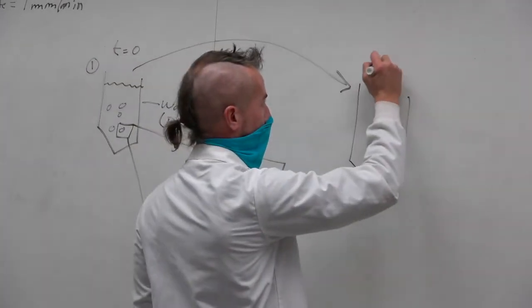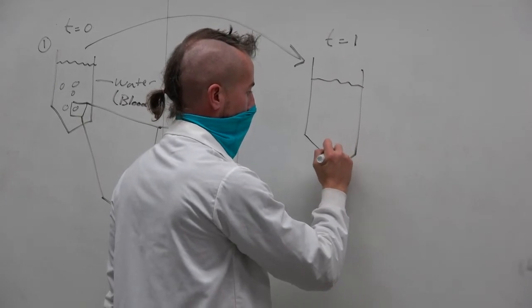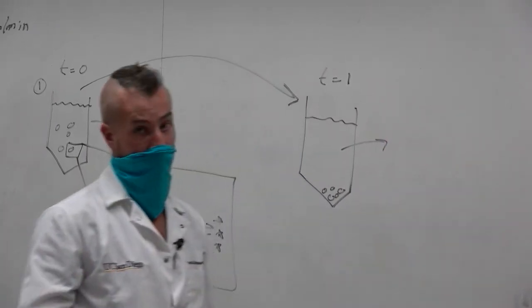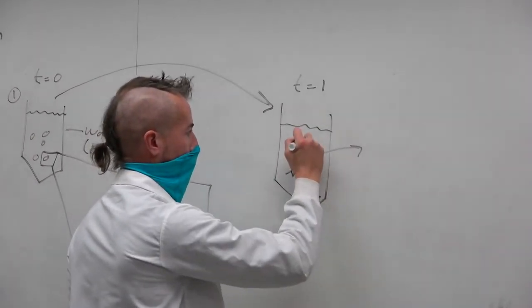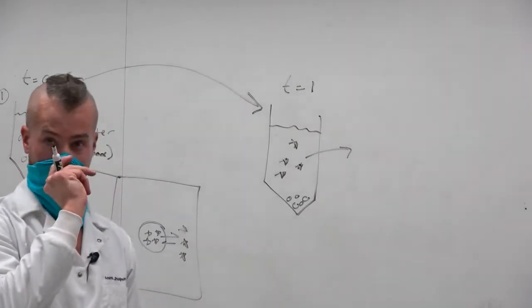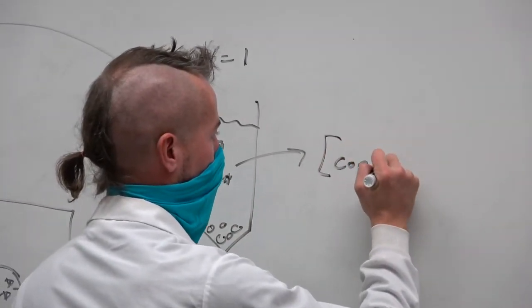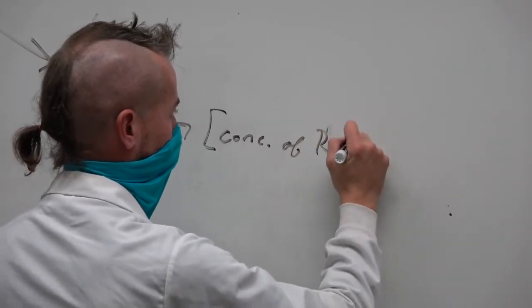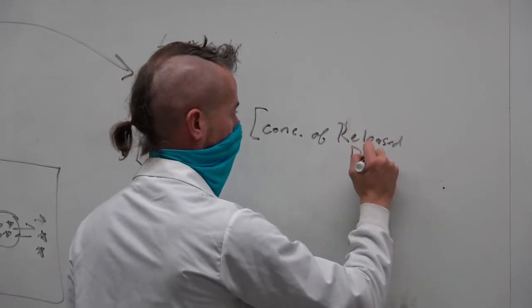At T equals 1, we're going to spin all our particles down, take the supernatant, and just like we talked about before, in terms of using our standard curve, we're going to quantitate the concentration of released drug.